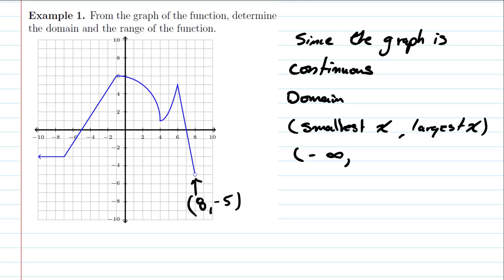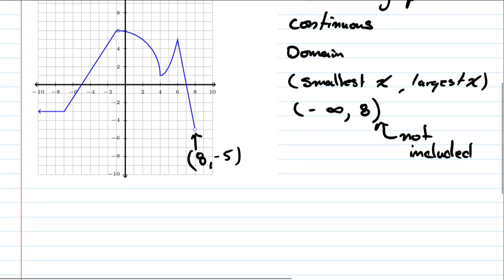But we have a hole in our graph, which means we don't include that point. So we can get infinitely close to 8, but never reach 8. So our largest x is going to be at 8, but then we have it not included, so we use the rounded parenthesis.